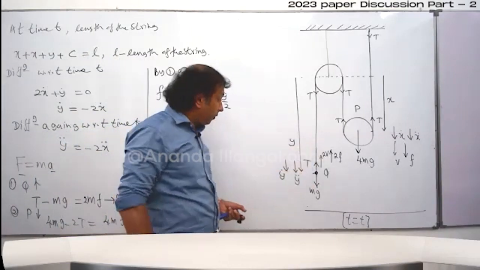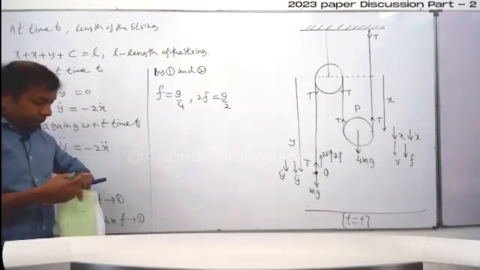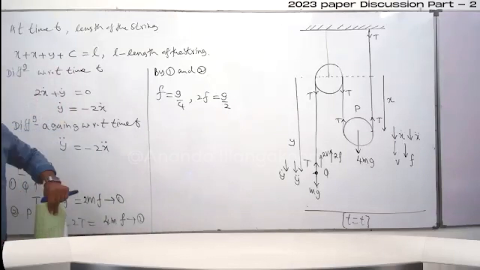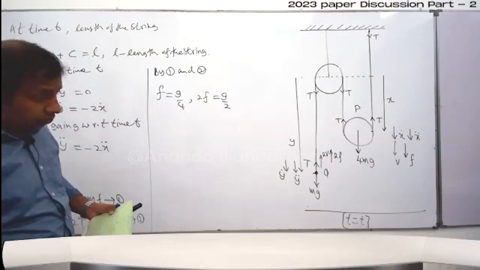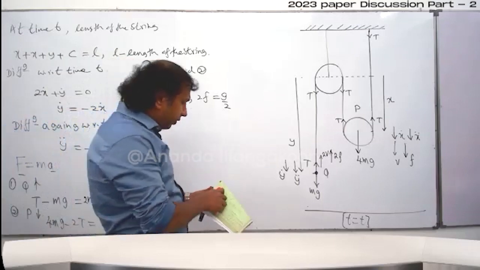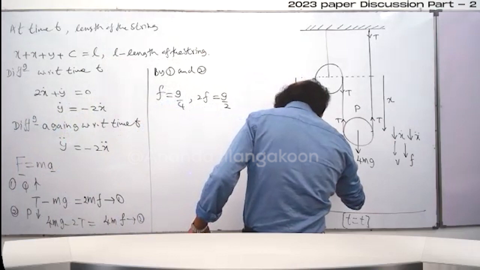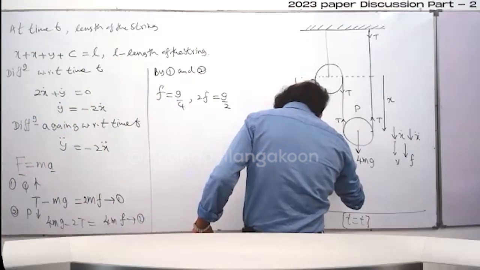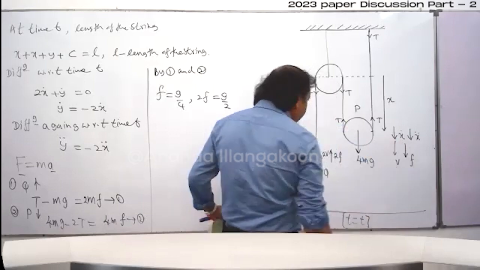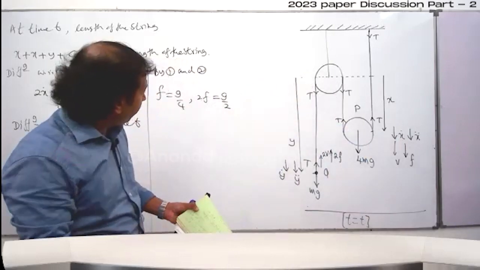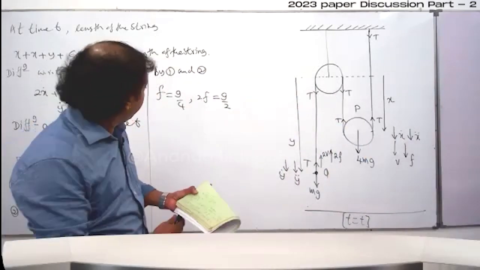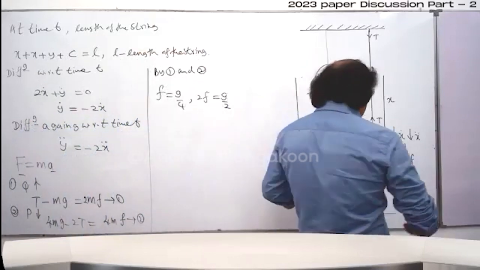It is g by 2. So therefore, the particle q is moving upward with acceleration g by 2, and p descends downward with acceleration g by 4. Right. This is g by 4 acceleration.